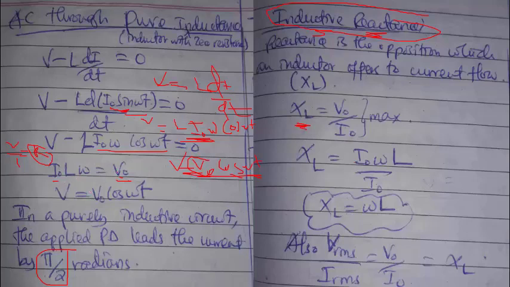From here, V naught over I naught is equal to XL, which is the inductive reactance. So V naught over I naught is equal to LW, so the inductive reactance of a pure inductor is equal to the inductance, in Henry, times the frequency or angular velocity as far as AC is concerned.